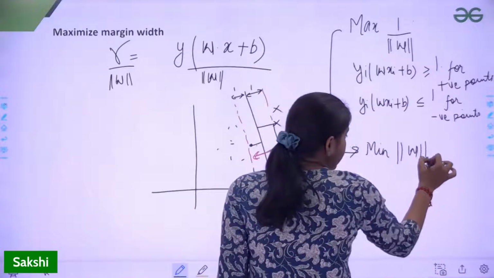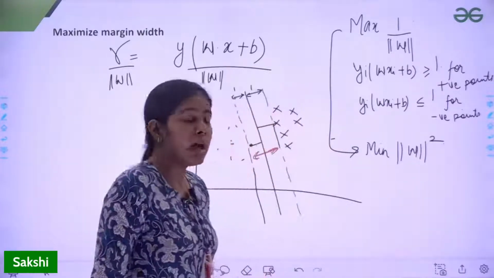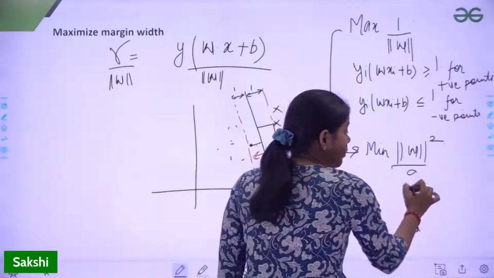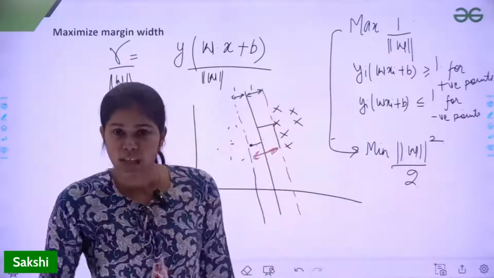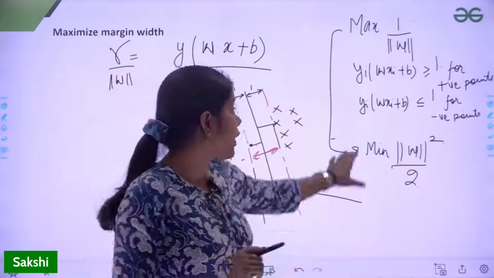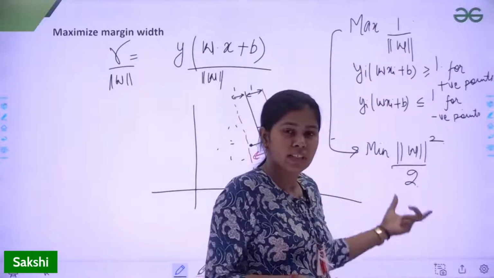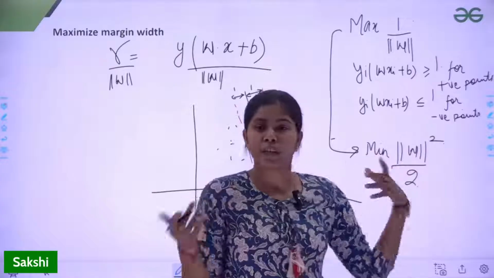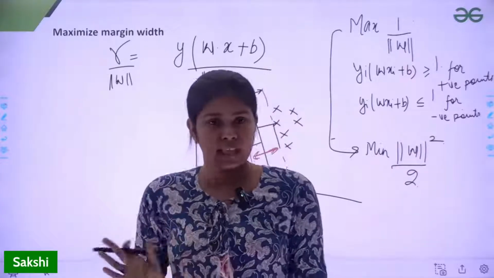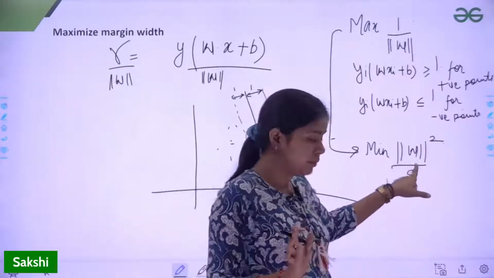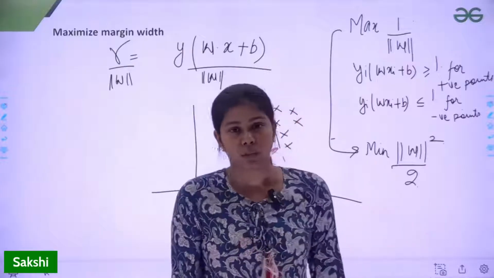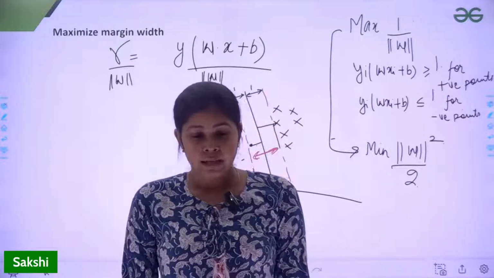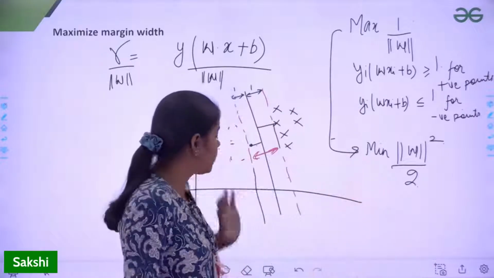And it does not make any impact if I take a square of it, and I'm taking half of it. Why am I taking half? Because it would help me in differentiation. Maximizing 1 by norm of W is the same as minimizing norm of W. And I am taking the square, so the square root gets cancelled. And because of the derivative, I am dividing it by 2.